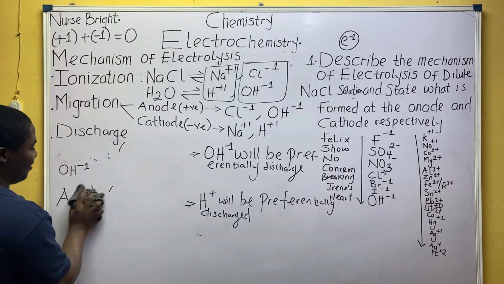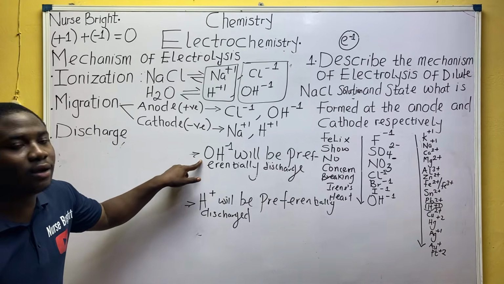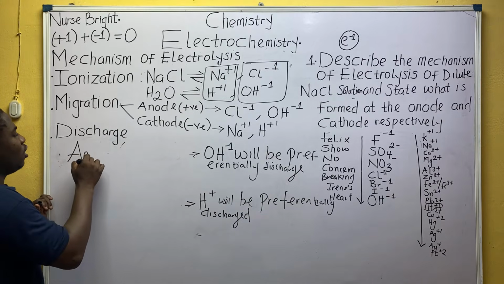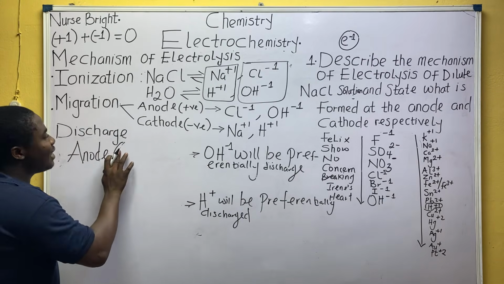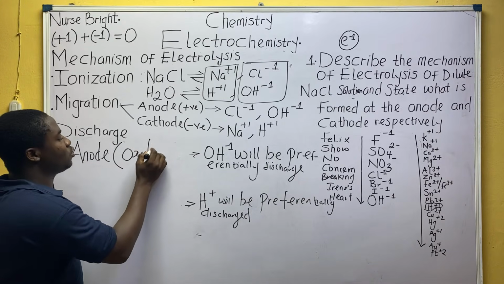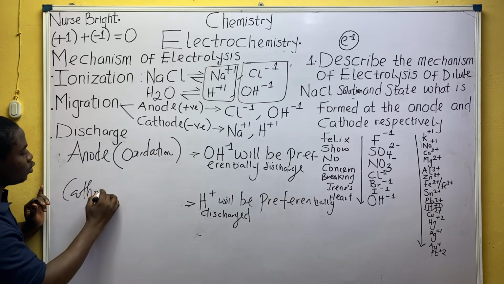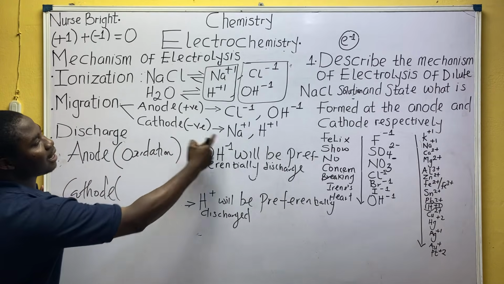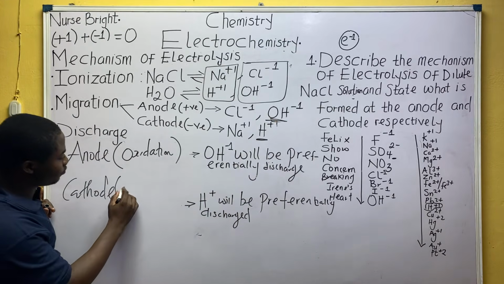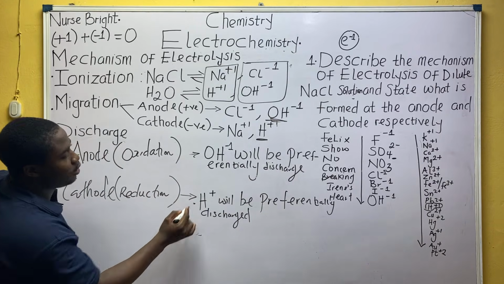Look at this guy, definitely it appeared in the anode. So here should be anode, not cathode. Anode undergoes what? Oxidation. So let's not get it wrong. Whereas this one, cathode, it undergoes what? Reduction. Because look at it, cathode, anode. Do you understand? So that is for that.